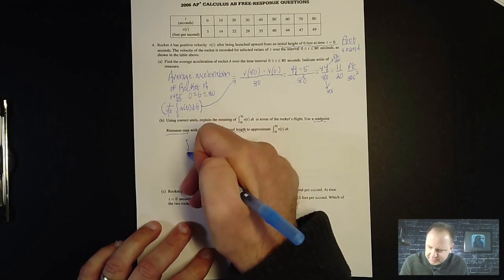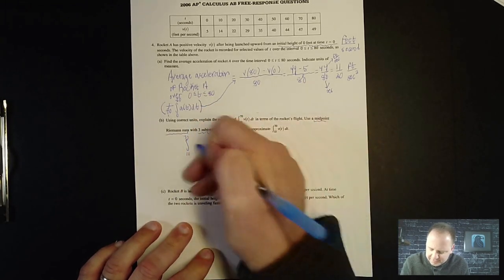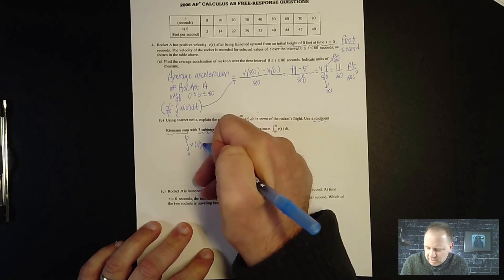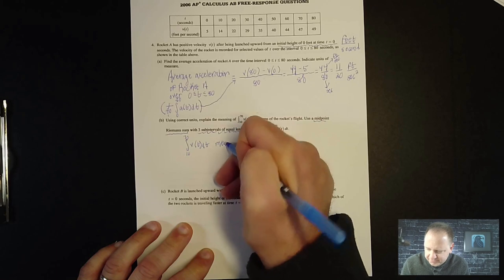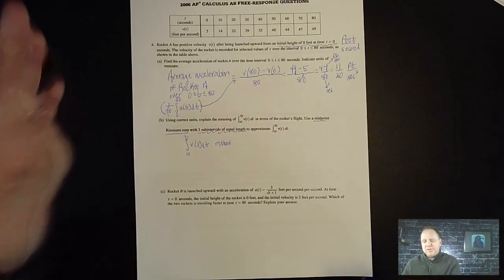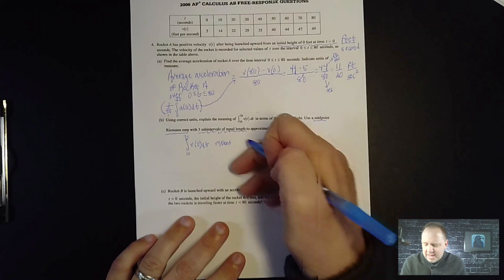So let's do that. So the integral from 10 to 70 of v of t dt means, and this is my interpretation, it's how much, remember, it's going up, right? So y of t is going to be determining that. So it's the height.